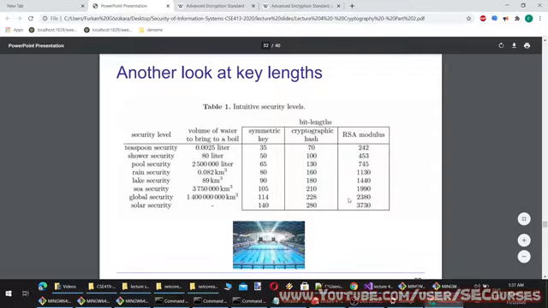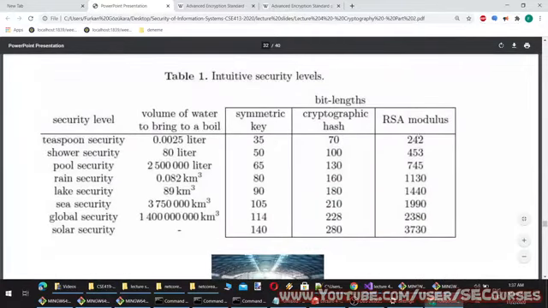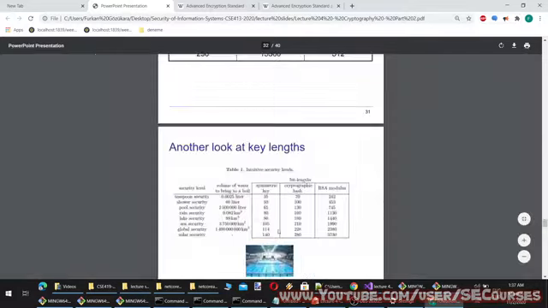As you can see, symmetric key size, cryptographic hash size, RSA modulus. So if the modulus is under 2000, it becomes less secure. After 2000, it starts to become more secure.